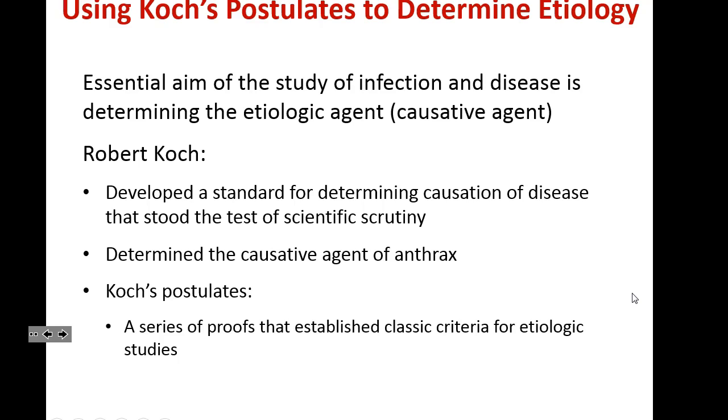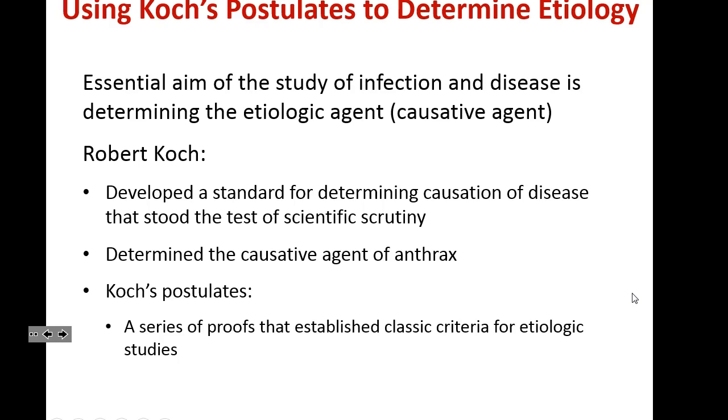Koch's postulates to determine etiology. The essential aim of the study of infection and disease is determining the etiologic agent, that is, the causative agent, what caused it. Robert Koch developed a standard for determining causation of disease that stood the test of scientific scrutiny.